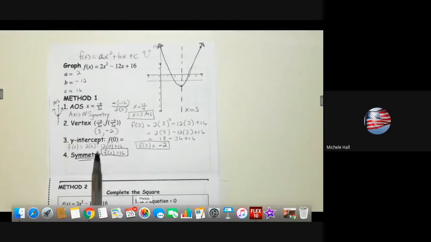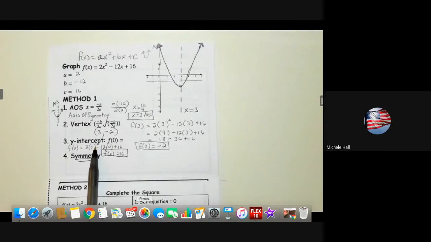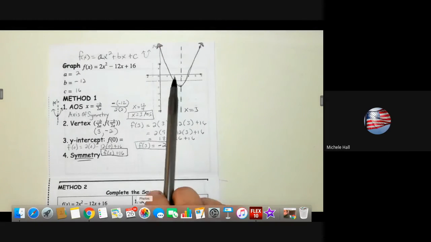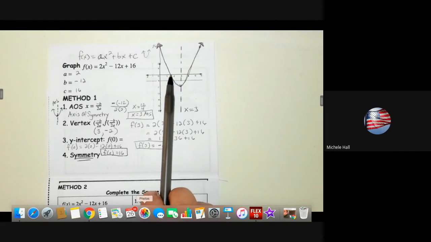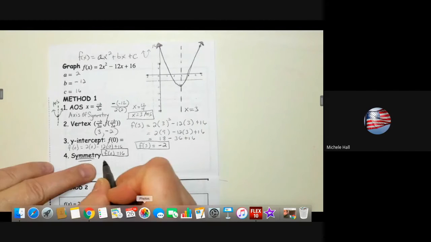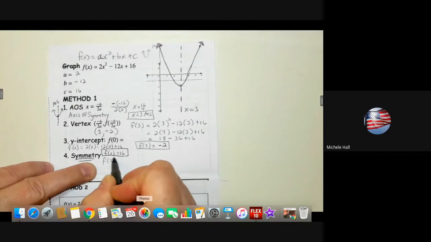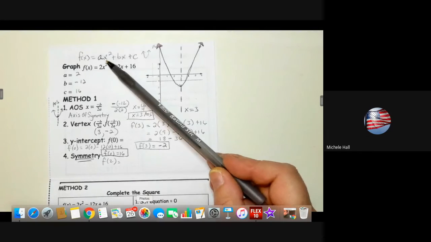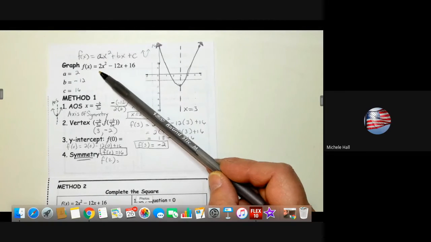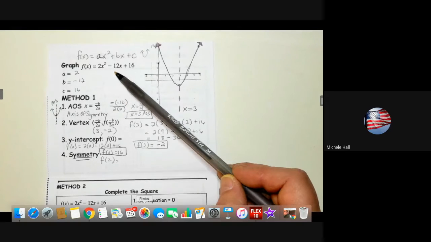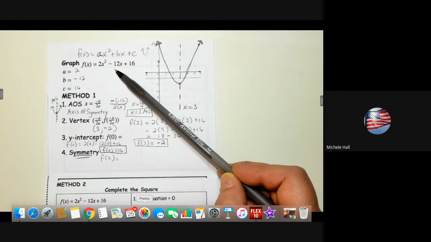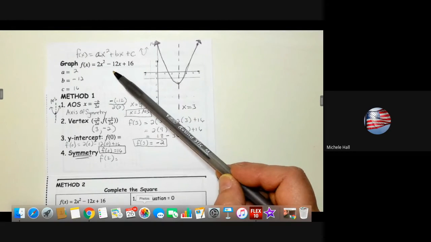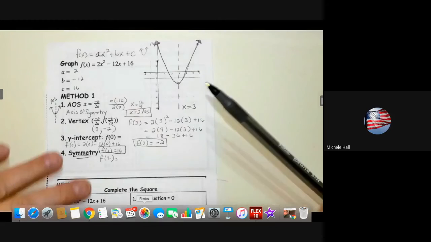I don't have to use the y-intercept to find that symmetry. I could have looked at when x is 2. F of 2 equals 2 squared is 4, and 4 times 2 is 8, minus 24 plus 16, and we get 0.